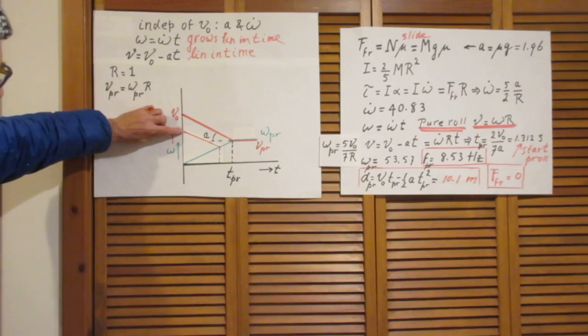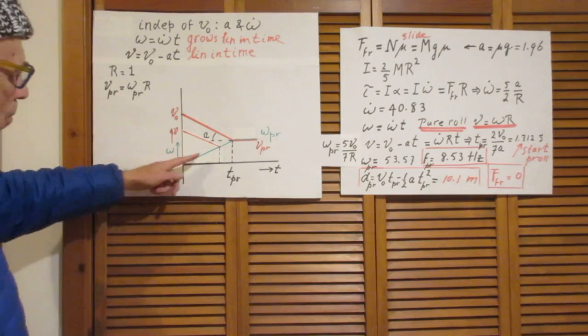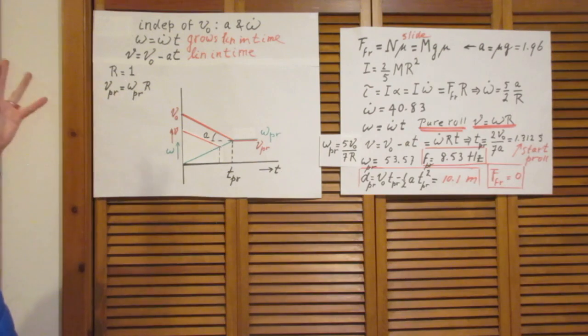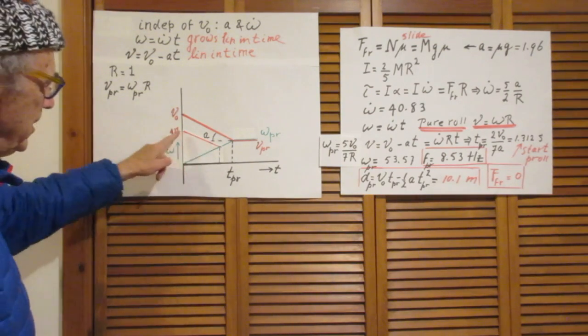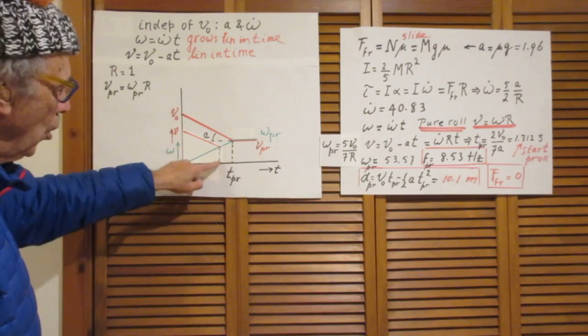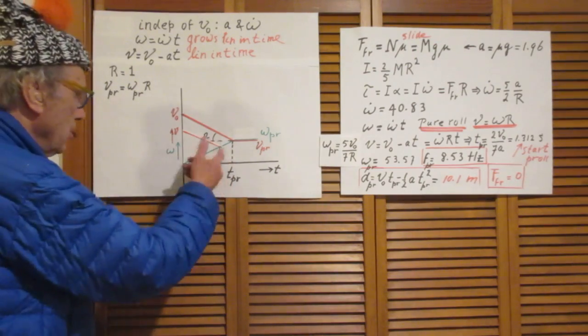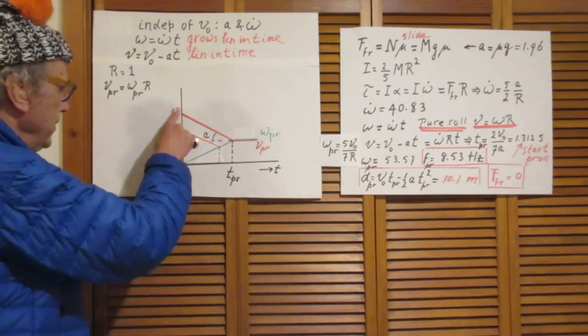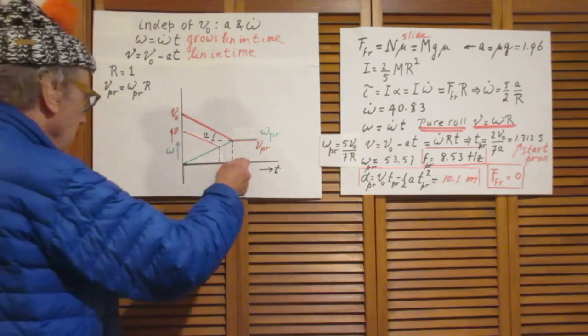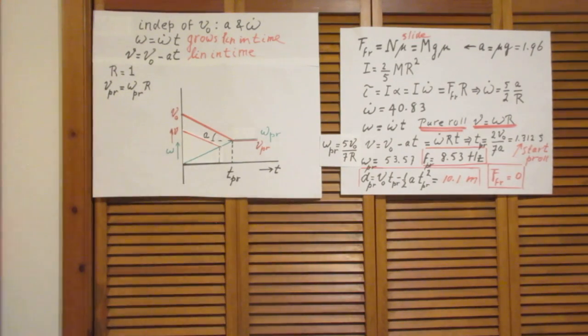This now is V0. Omega in time is not changing because all I did, I only changed V0. You see, they now meet earlier in time. So it's immediately obvious from this plot that if V0 goes down, the time to reach pure roll will also go down.